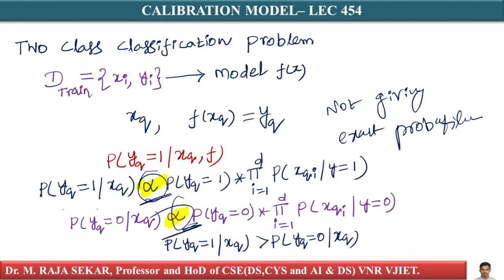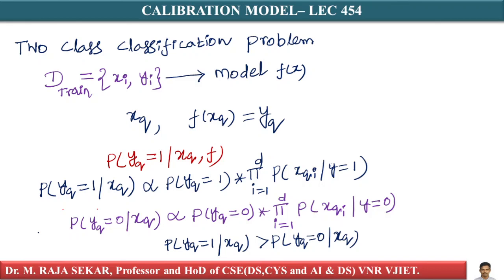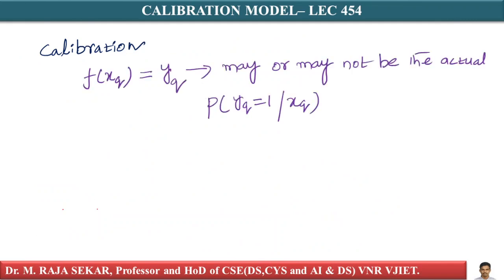So the question of calibration, the big task of calibration of a model, is this: given a model f which takes xq as input and returns yq, this yq may or may not be the actual probability of yq equal to 1 given xq.